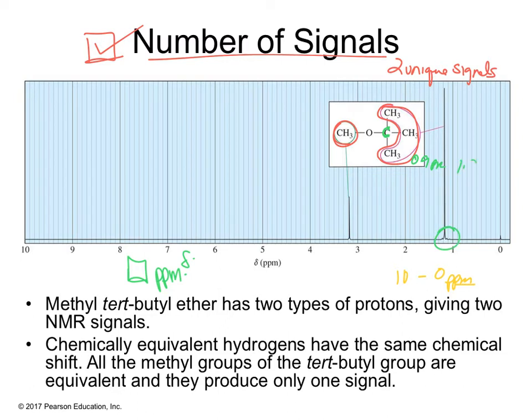Okay, so it's about 1.3 ppm. So that's a similar area, 1.3 ppm. And then this carbon, hydrogen here, is connected to an oxygen, and so here it is at 3.2 ppm. And then the integration, which is not shown here under the curve, would tell you that this is 3 hydrogens, and the area under here, when you had an NMR integration, would integrate out to be 9 hydrogens.